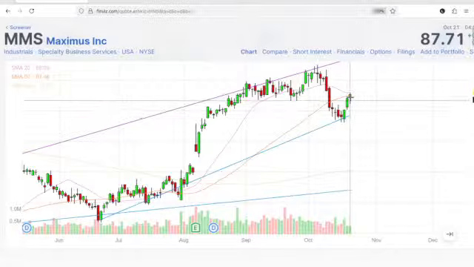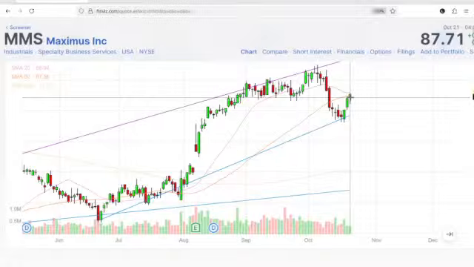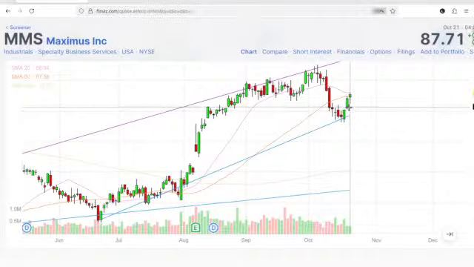Have you noticed? What I love about the long lower shadow is that it can almost appear in every candlestick pattern as long as the shadow is long enough.